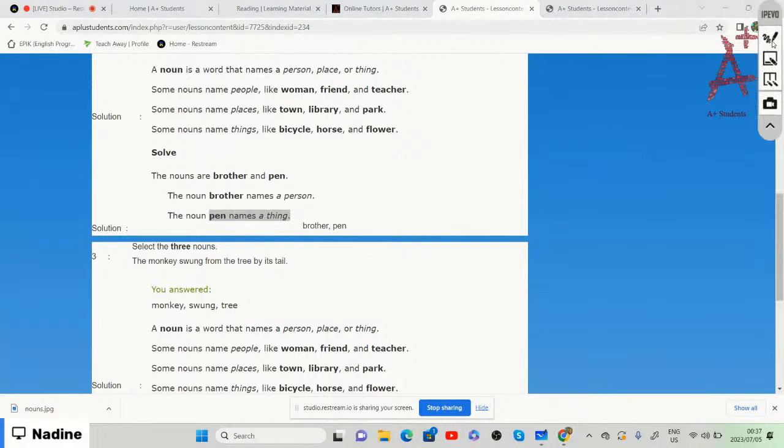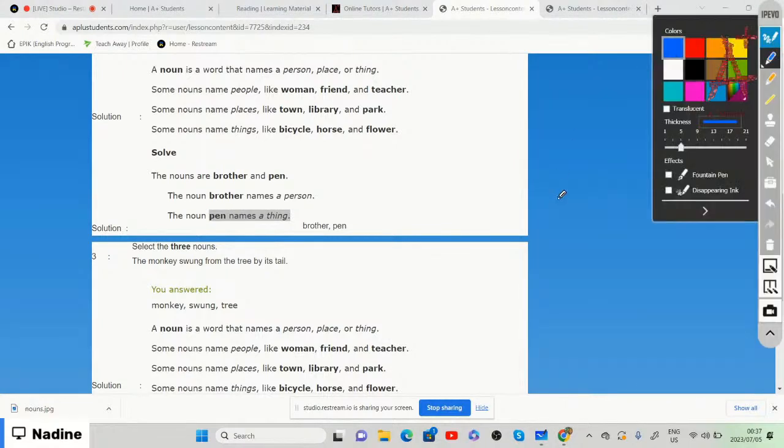All right, so if we choose one, we have monkey, which names an animal or thing. We have tree, which is a thing. And we also have tail.